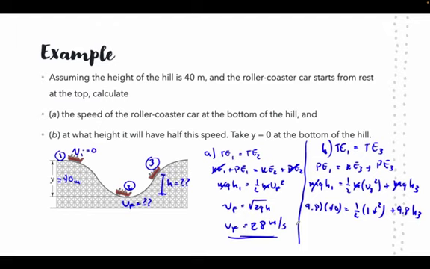So 9.8 times 40 minus 0.5 times 14 squared, divided by 9.8. That gives me a height of 30. So h3 will be equal to 30. So 30 meters from the lowest point, the velocity would be half of its maximum velocity.